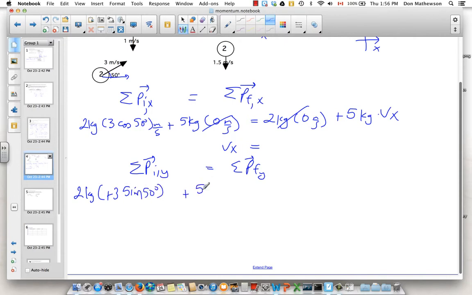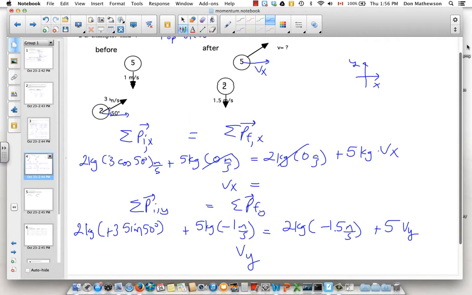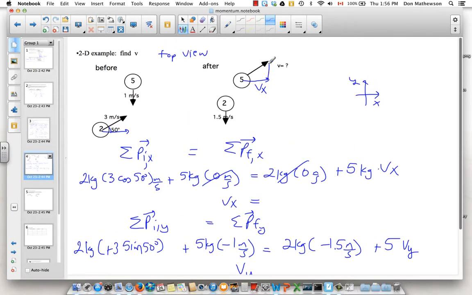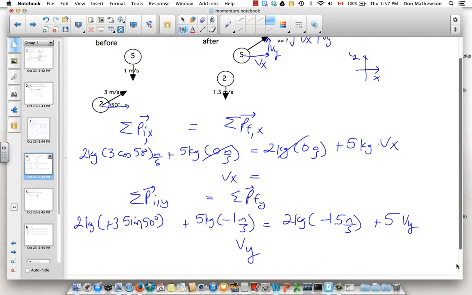Then the 5 kilograms is downwards 1 meter per second in the y direction. Same thing, downwards y direction for the 2 kilogram. And let's introduce the variable Vy for the unknown y speed. Now we could solve those two equations for Vx and Vy, and then we can just find their resultant to find the final speed.